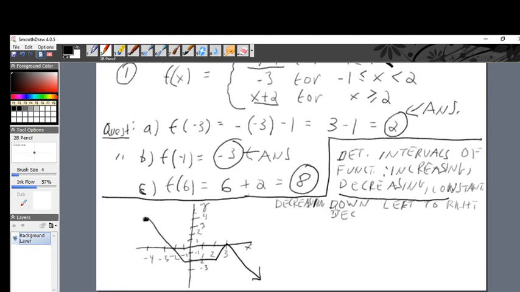If it is up, left to right, then it is increasing. And if it is level, like this, then it is constant.